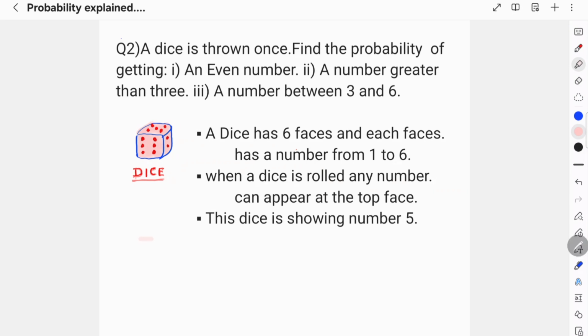So the number which appears on the top face of the dice is taken as the result of rolling that dice. For example, in this case you can see this dice is showing number 5. So when a dice is rolled, you can get any number from 1 to 6.